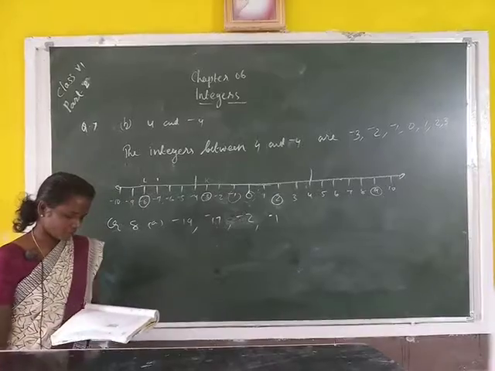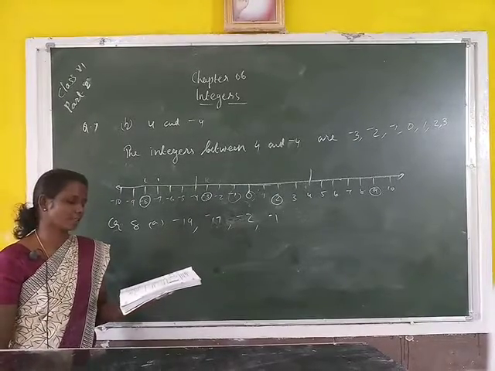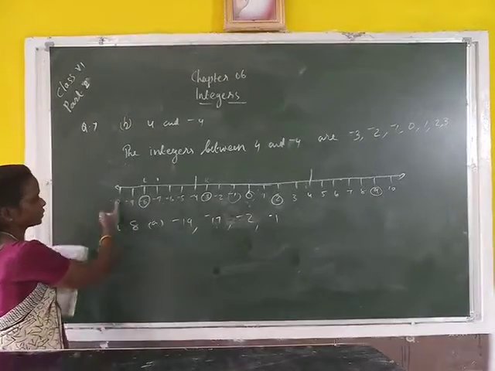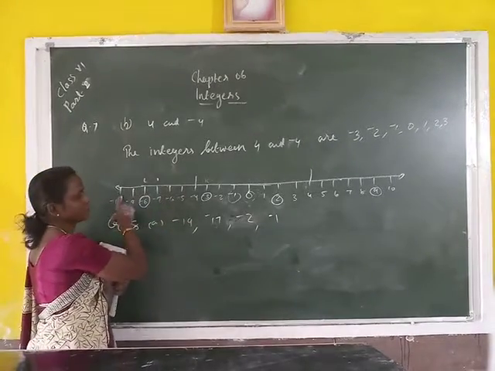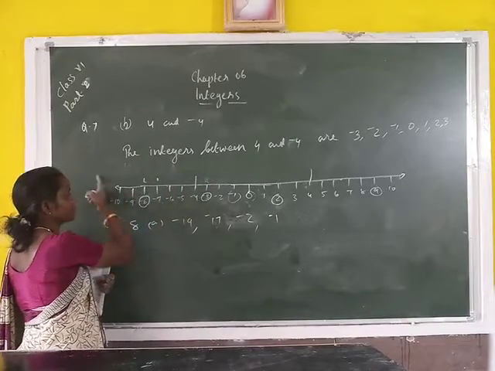The next: write 4 negative integers less than negative 10. Numbers on the right side are more than the number, and numbers on the left side are less than the number.